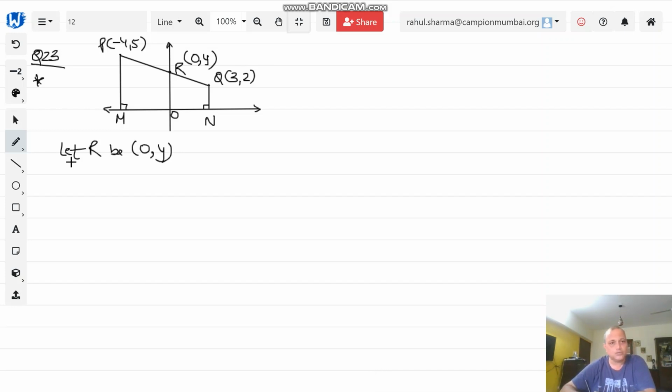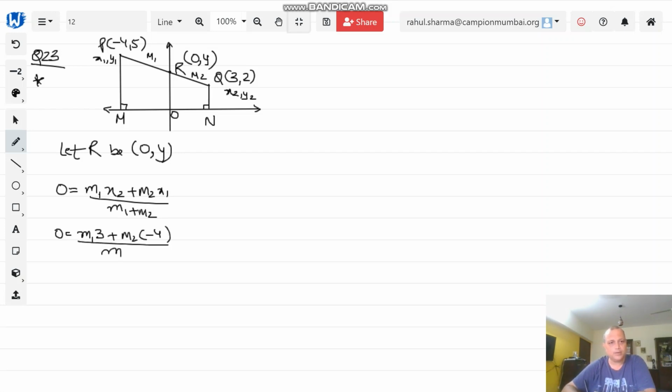So 0 would be equal to (m1 x2 plus m2 x1) upon (m1 plus m2). This is m1 and this is m2, and this is x2 y2, this is x1 y1. Let's substitute. So 0 is equal to m1 times x2 value, which is 3, plus m2 times x1 value, which is -4, upon m1 plus m2.